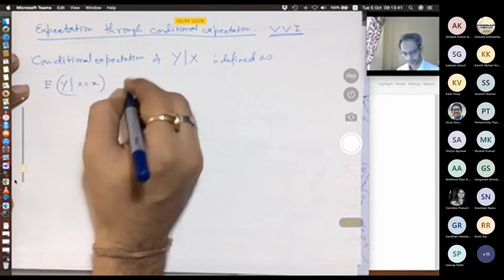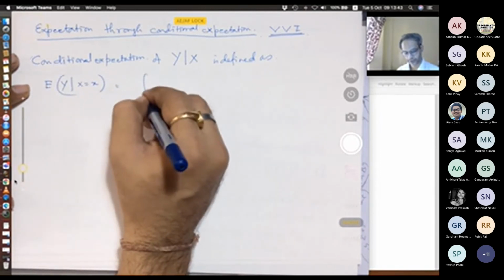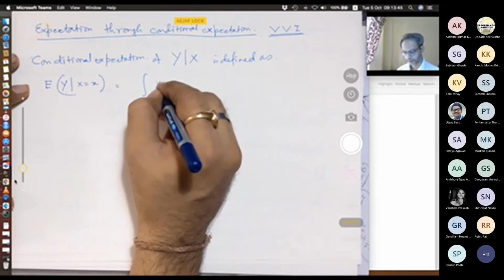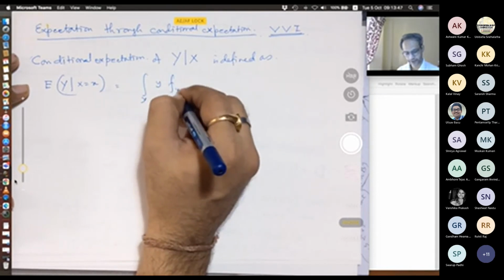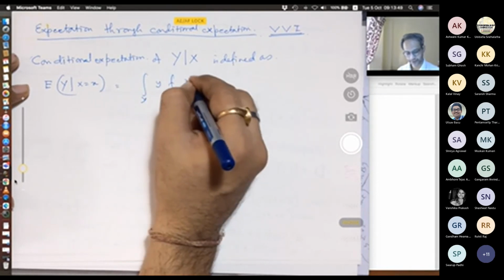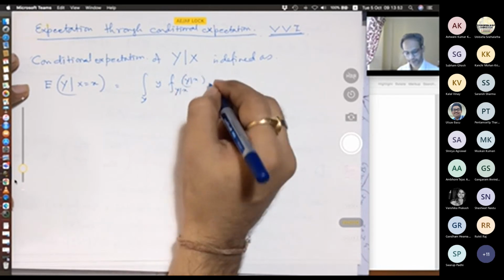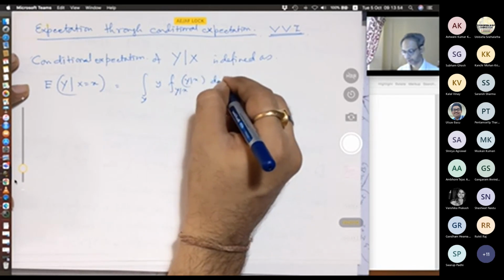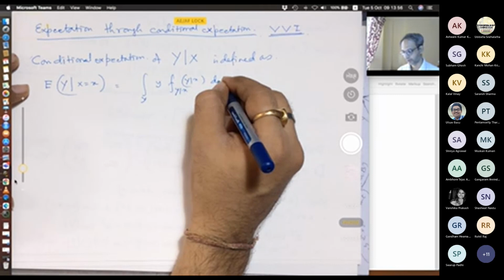In this way you can write, that is integration over small y, y times the conditional distribution of y given x, dy.